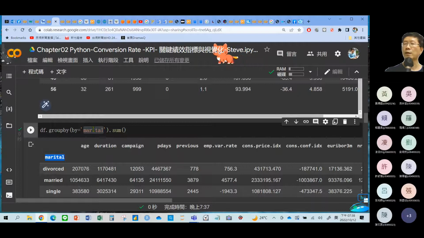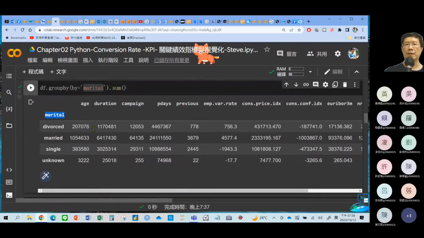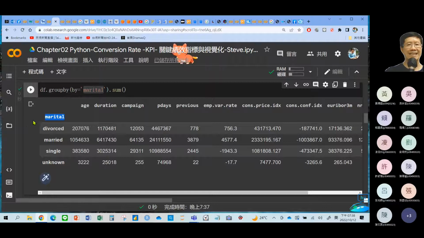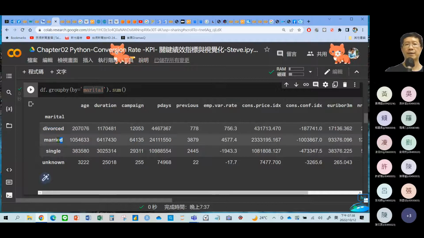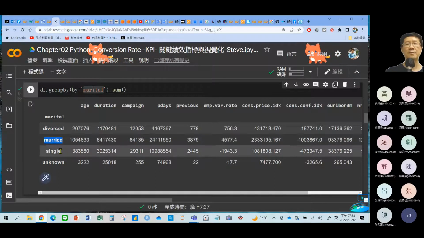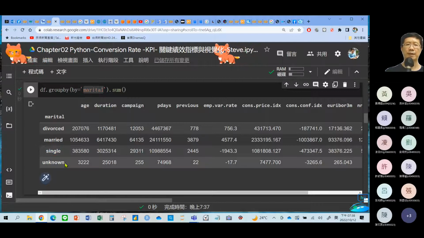像婚姻的状况 ，so the first status for marital is divorced. 离婚的状况 ，married 已婚的 ，single. So there are 3 statuses for marital status. So how about unknown?